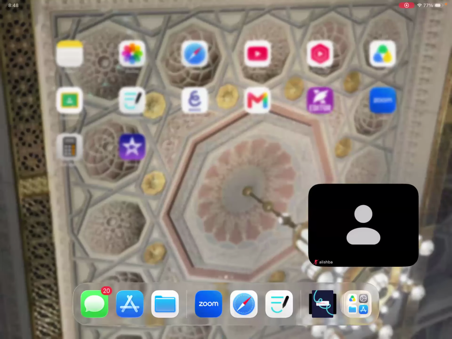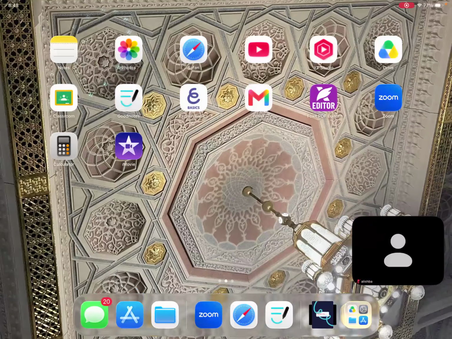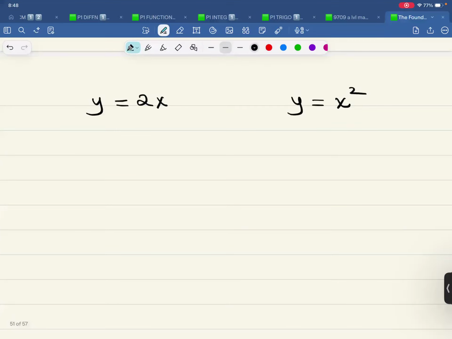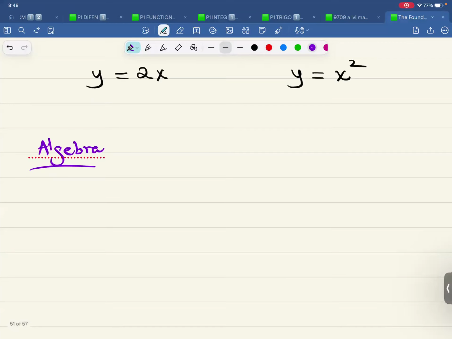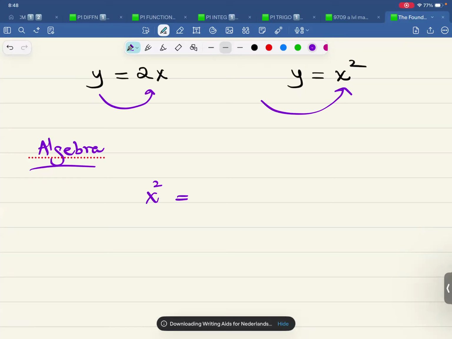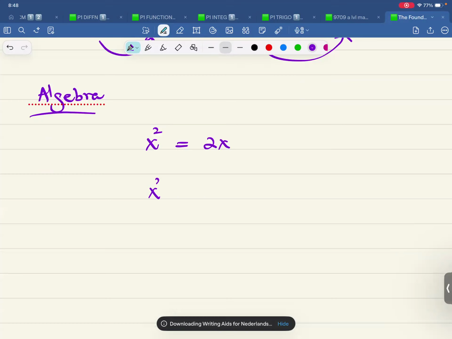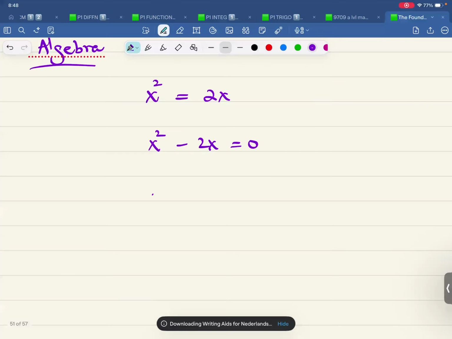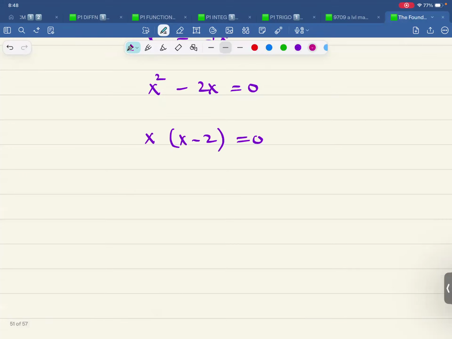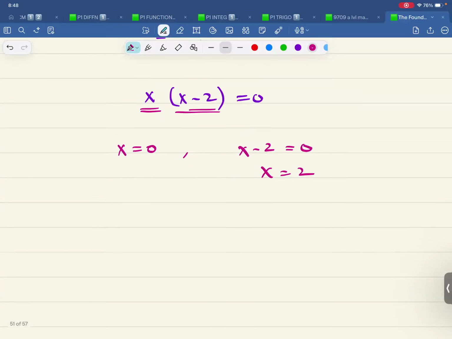So now people, let's look at the solution. The first thing that I'll be doing is algebra. Solving using algebra, it would be very quick. y equals 2x, y equals x squared, so x squared equals 2x, x squared minus 2x equals 0, x common, x(x minus 2) equals 0. Two things multiplying to give you 0, either one of them is 0, therefore x is 0, or x minus 2 is 0, therefore x is 2.